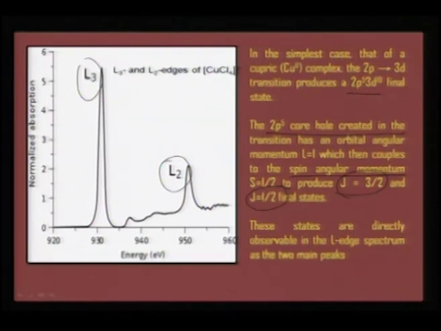So, the intensities are also almost of the same order. These states are directly observable in the L-edge spectrum as the two main peaks. Whenever we talk about L-edge spectra using X-rays, we are talking about L3 and L2, coming from a transition of 2p to 3d.